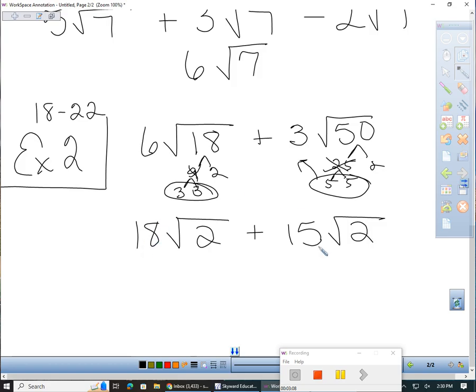Just going to add 18 plus 15, 33, and we keep the square root of 2. No, we're not multiplying together. We're just adding them. It's kind of like saying I have 3 square roots of 2 over here and 6 square roots of 2 over here. It means I have a total of 9 square roots of 2 all hanging out.